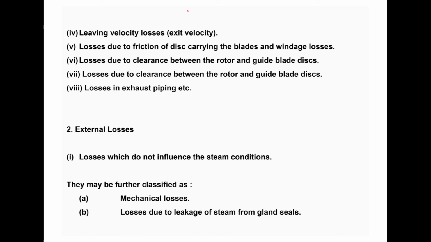Loss due to leakage of steam means in the joints, the steam line joints will provide some more frictional loss due to their joints, like gland seal is also one of the obstructions while flowing the steam into the steam tube, so that there will be some losses, but these losses are not as much as friction loss, so these are all secondary losses.